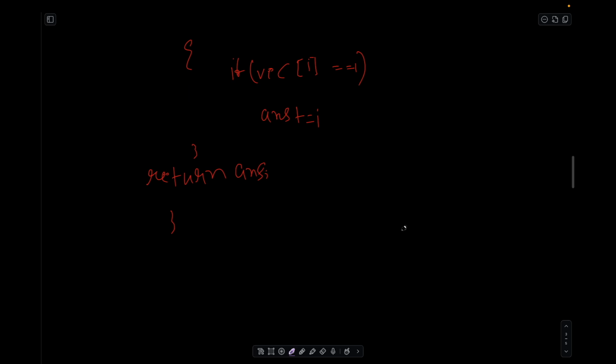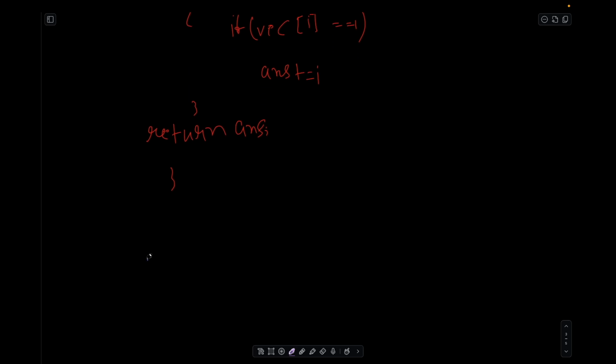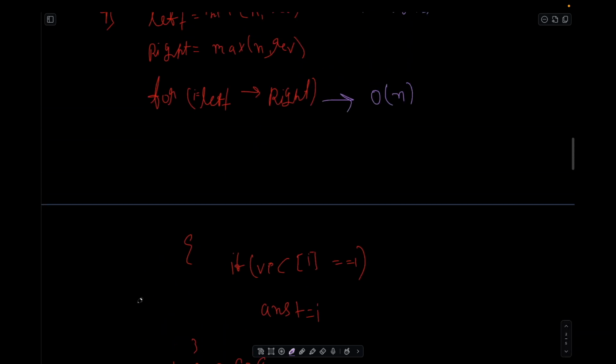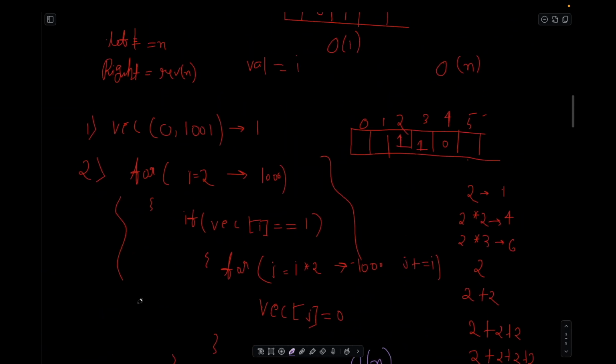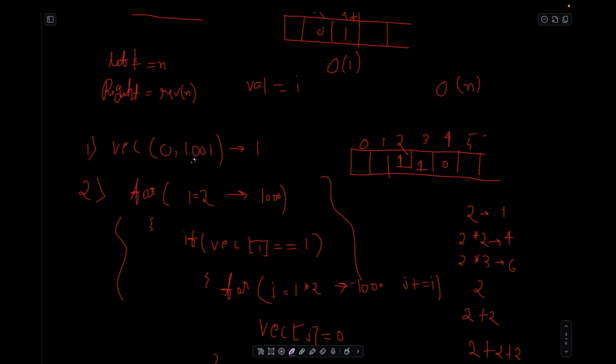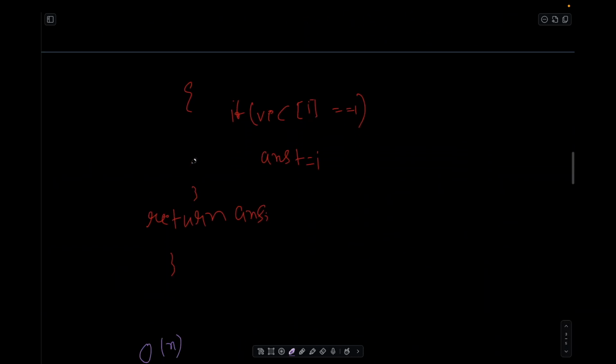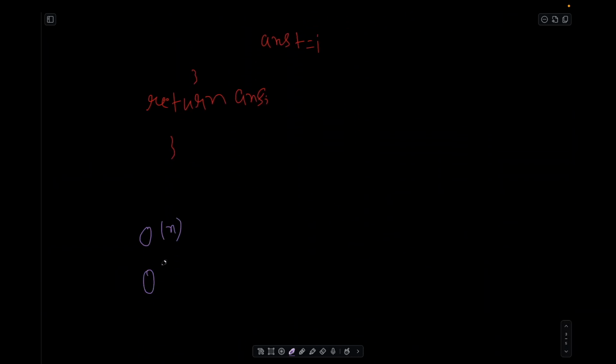So for the worst case we can say it is order of n, and for the space complexity we took size 0 to 1001, so we took 1000 size, so the space complexity is also order of n.